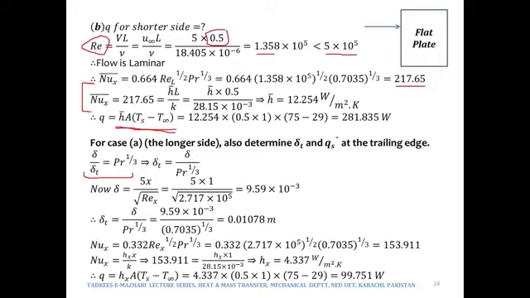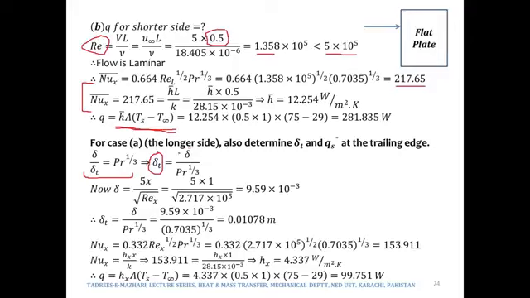To find out delta T, the thickness of the thermal boundary layer, we need to find out the thickness of the hydrodynamic boundary layer along with the Prandtl number. The Prandtl number is 0.7035, as we have already seen from the properties table.